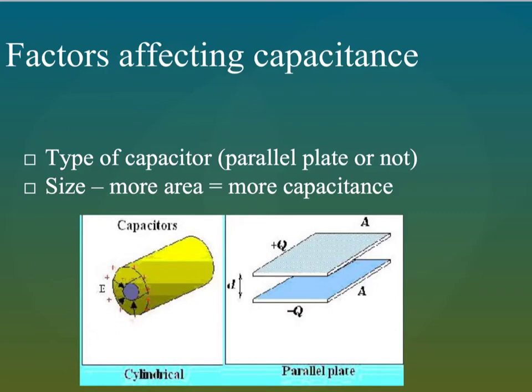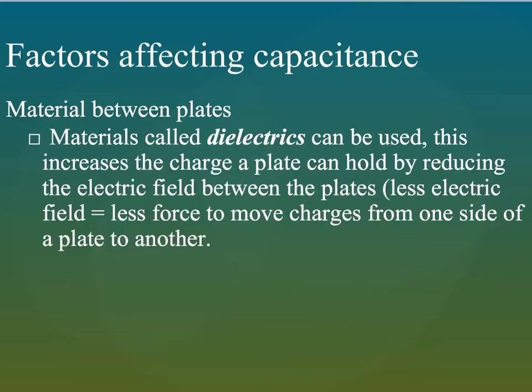This is a cylindrical capacitor. The type of capacitor controls how much capacitance it has, and in both of these examples, size controls how much capacitance something has. The more area there is for charge to accumulate, like the bigger area here or here, the more capacitance you get, because you can increase the charge held on the plate.